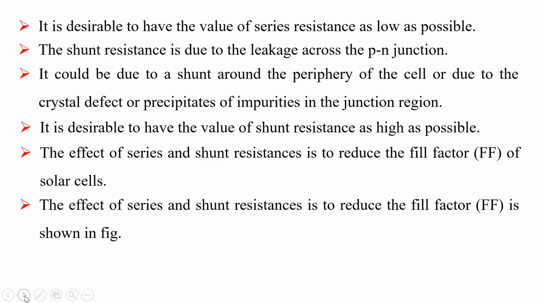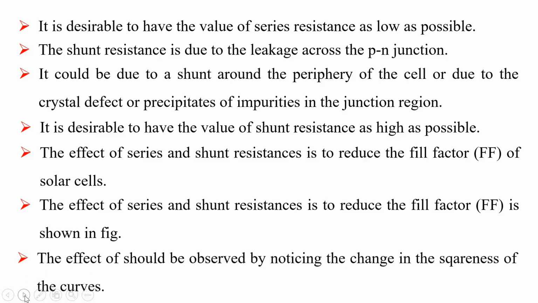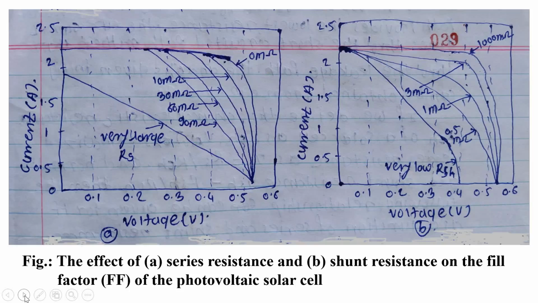The effect can be observed by noticing the change in the squareness of the curves. Figure A shows the effect of series resistance and figure B shows the effect of shunt resistance on the fill factor of the photovoltaic solar cell.